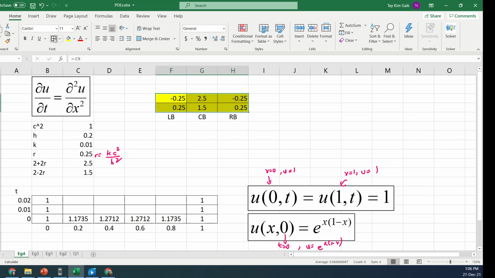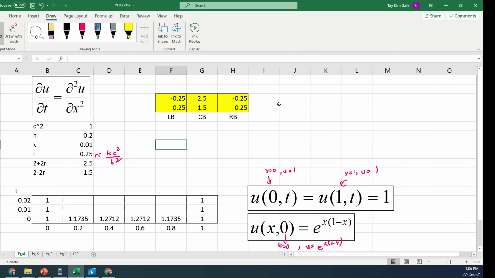Then, again, just key in the formula for the cell that you want to solve.